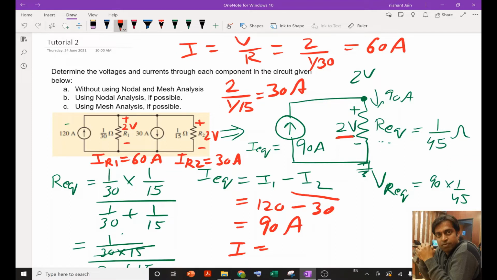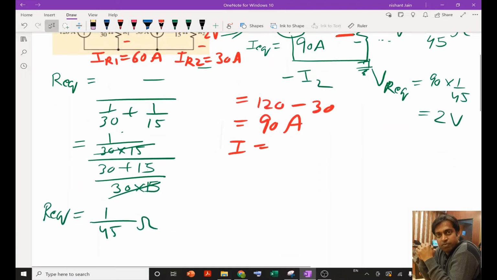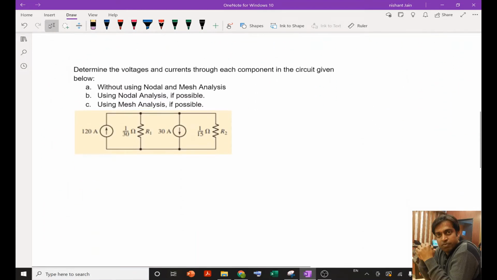So this is our analysis using the first method, that is, without using nodal and mesh analysis. Let me check if I get the same values of IR1, IR2, VR1 and VR2 as I obtained without using nodal analysis and mesh analysis.